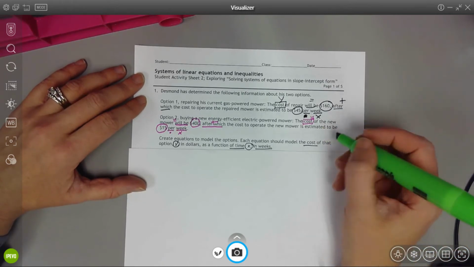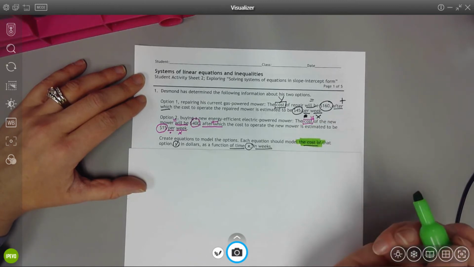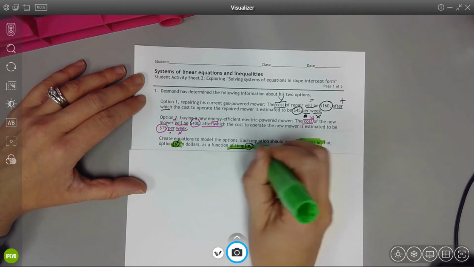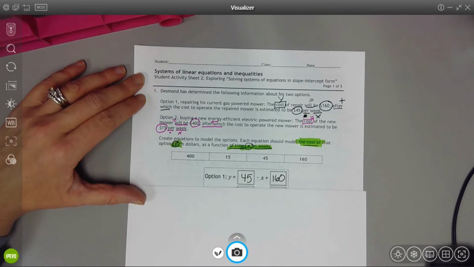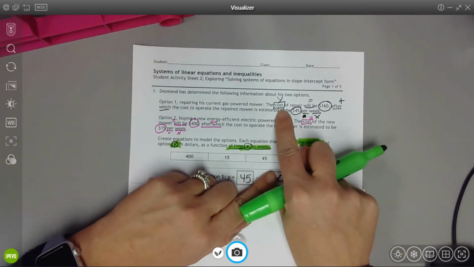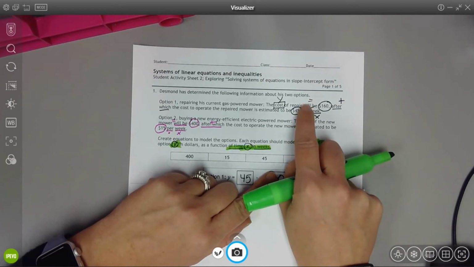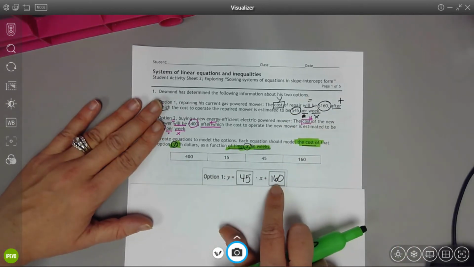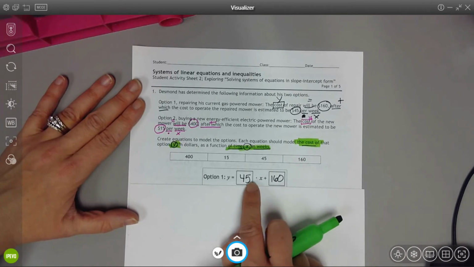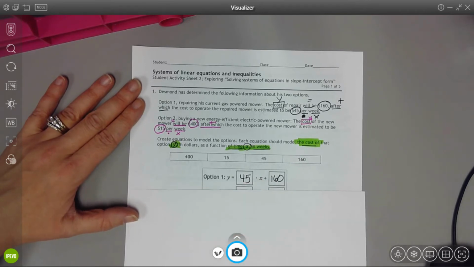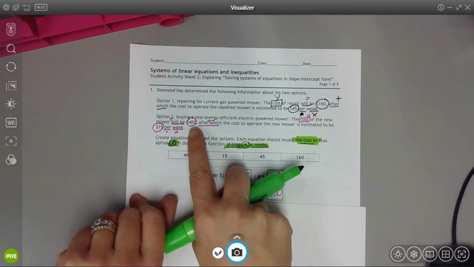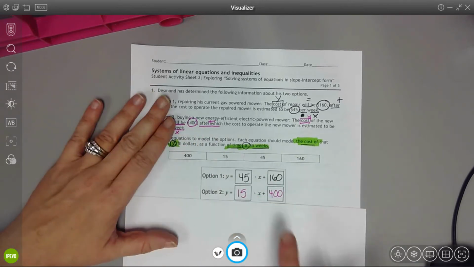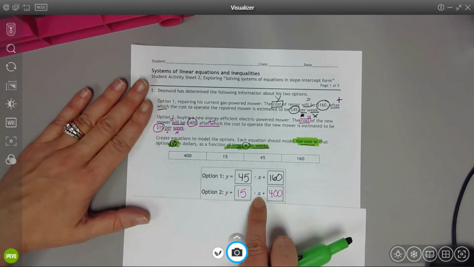The total cost is going to be Y, and then time, the weeks, will be X. For option one, the cost Y to repair will be $160 plus $45 each week, 45 times X. Option two is to buy a $400 mower, plus $15 per week, so that's $400 plus 15 times the number of weeks.